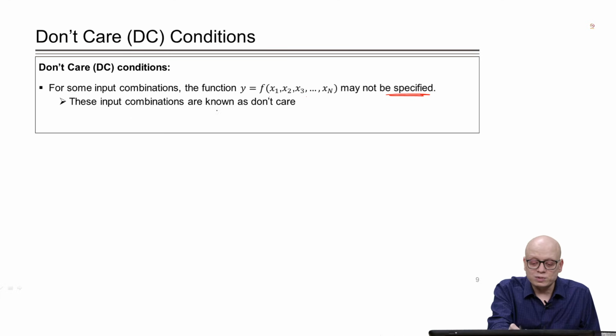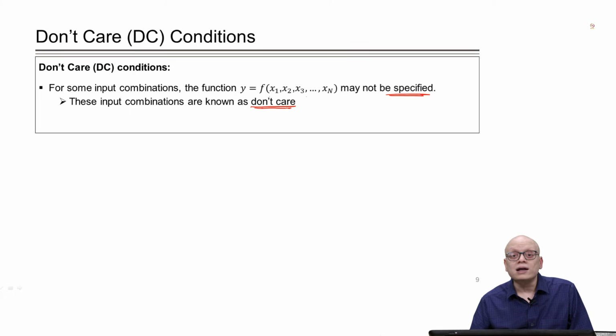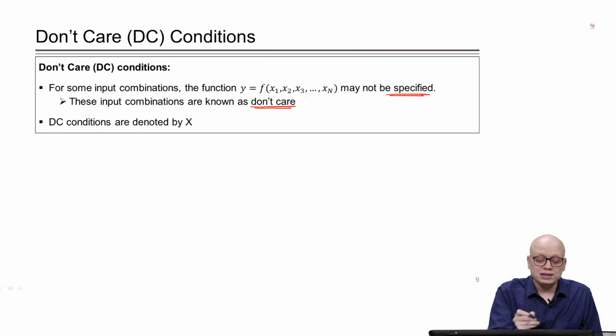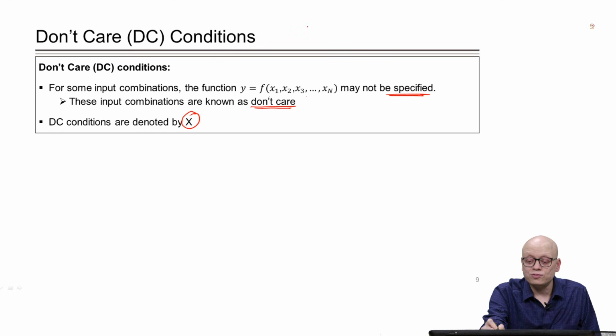So these input combinations are known as do not care, meaning that the value of y is not specified and it can take any value, 0 or 1. We do not care for those input combinations. We denote these DC do not care conditions as x. As we write 0 for 0 and 1 for 1, similarly for do not care we say x.